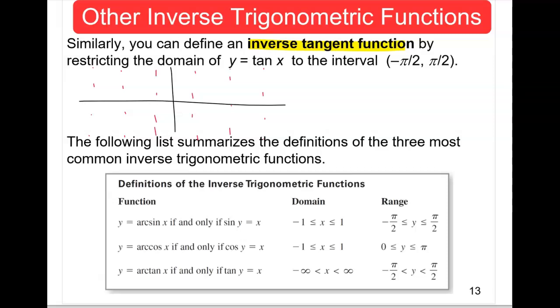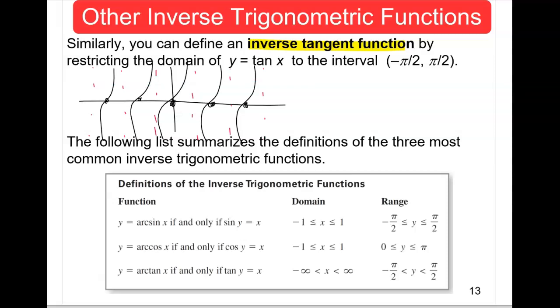It does have x-intercepts in between the asymptotes, and then it has an increasing pattern, similar to a cubic function. So it is pretty obvious that if we do a horizontal line test, we will fail that.